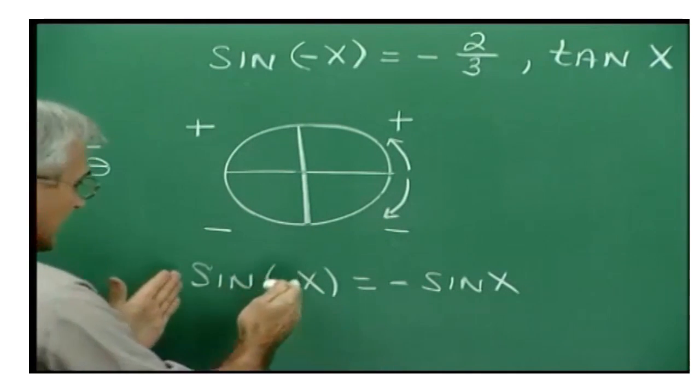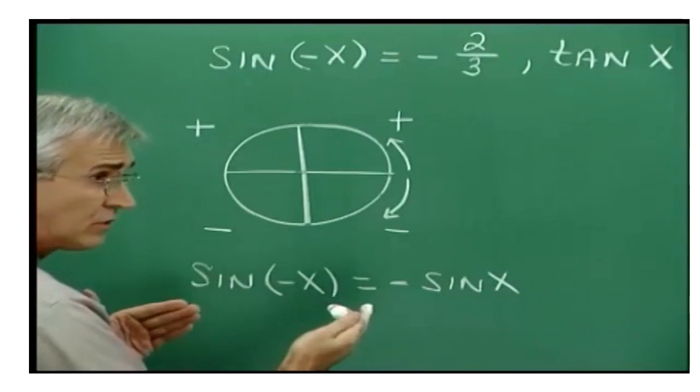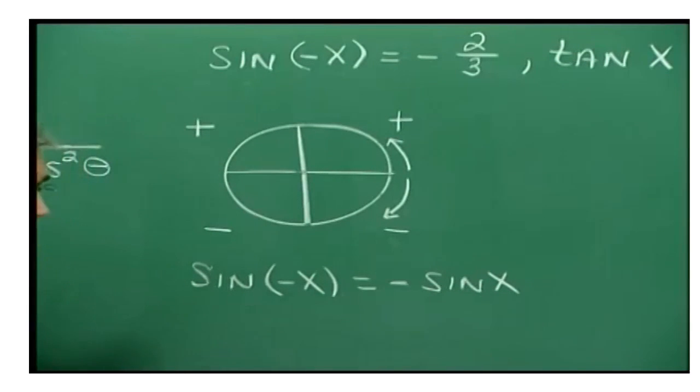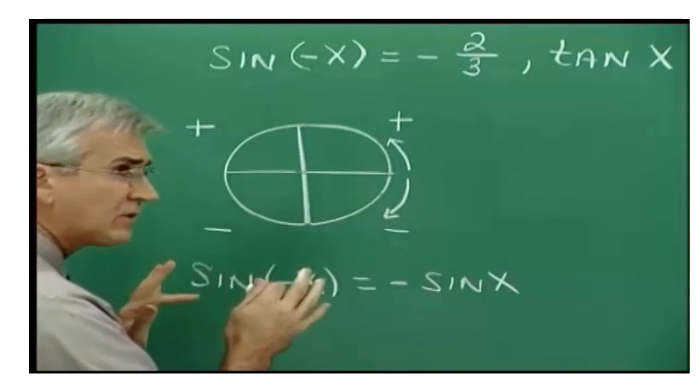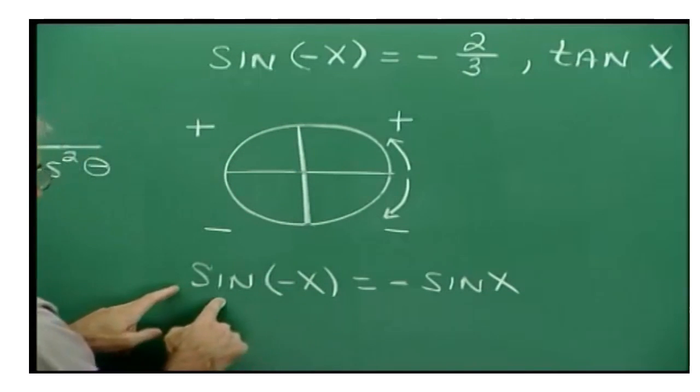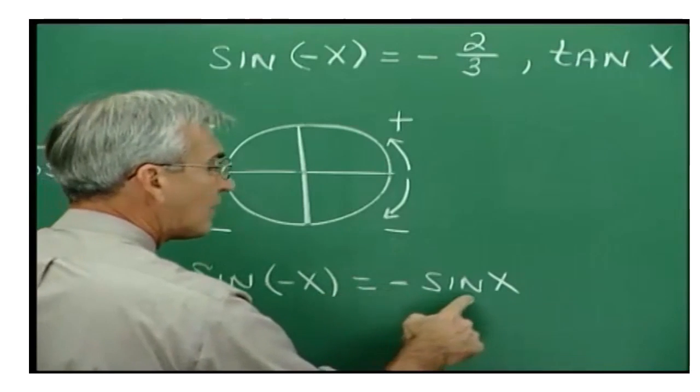Now, of course, if this is true for sine, it's also true for cosecant. And this situation is also true for tangent and cotangent. That is, the notion of tangent of negative x is equal to the negative of tangent x.